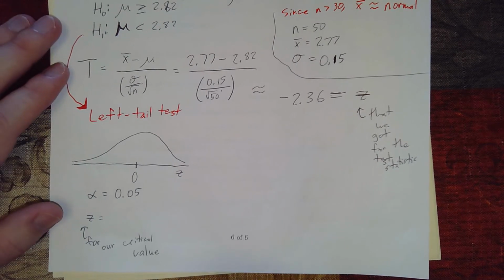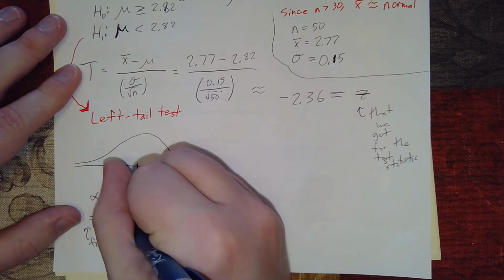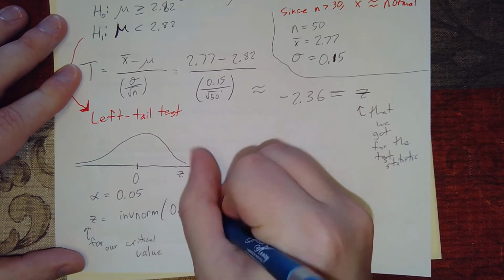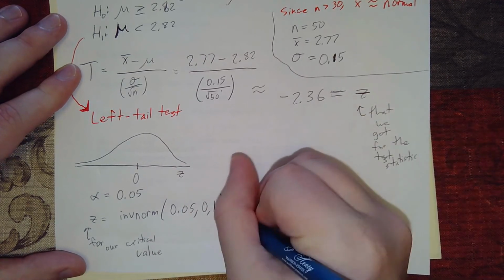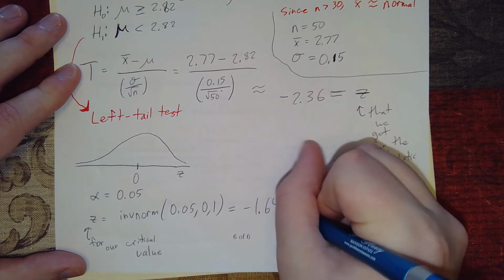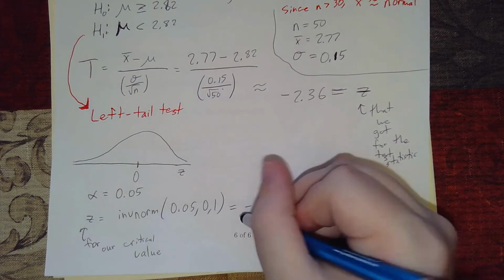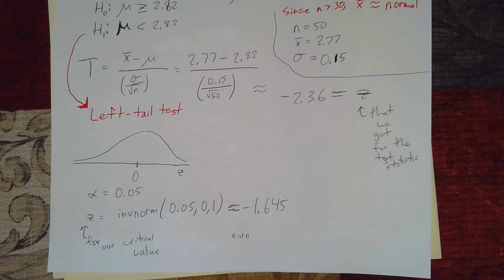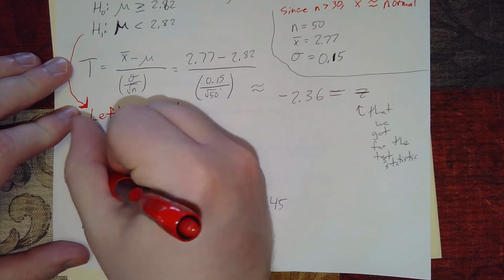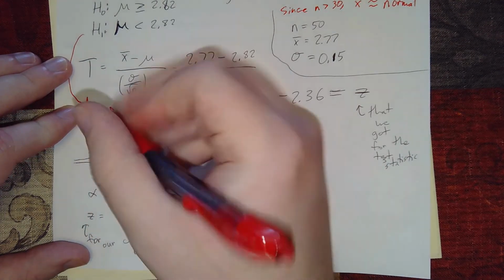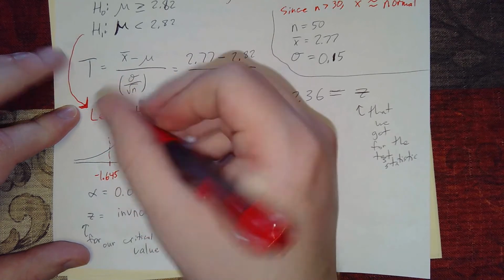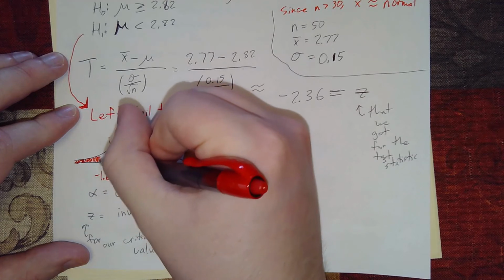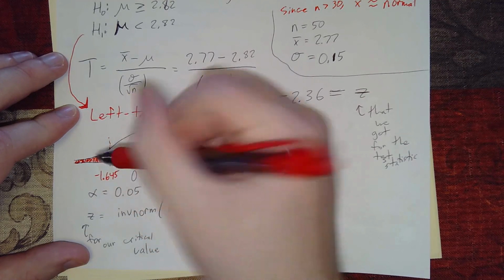If we want to know what this is, we'll take the inverse norm of 0.05, 0, and 1, and we'll get approximately negative 1.645. So once we get to negative 1.645, there's only 5% of the area under the curve to the left of that value.